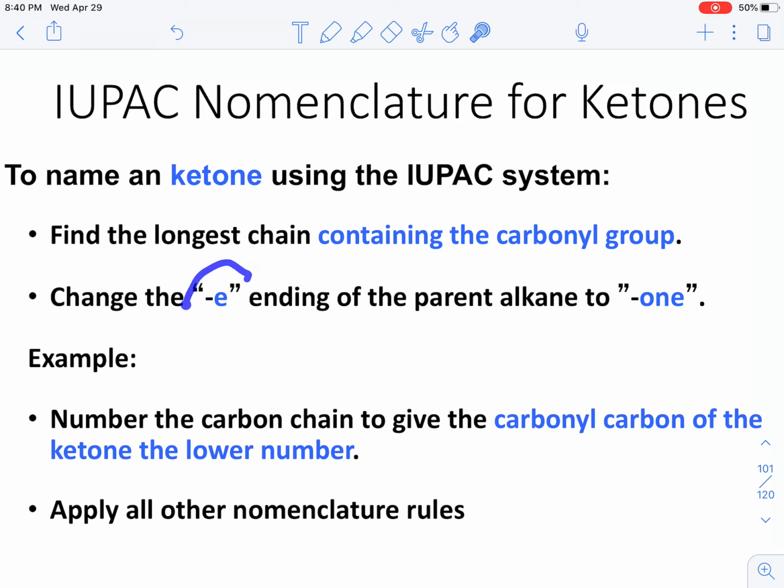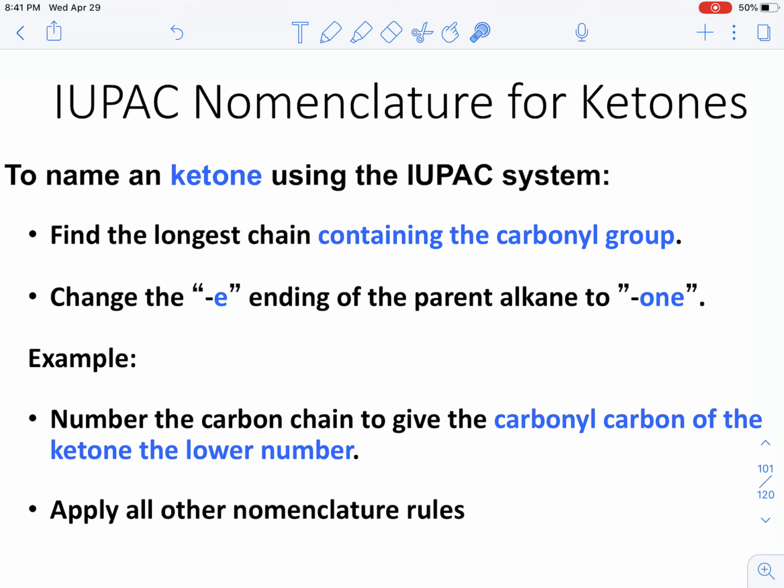And we're going to name the parent alkane, or alkene or alkyne, but then we're going to drop the E, very similar to our alcohols or aldehydes. And so instead of putting in an AL or an OL, we're going to put in an ONE. So it's not one, it's own. And that own comes from the last 3 letters, so to speak, in ketone.